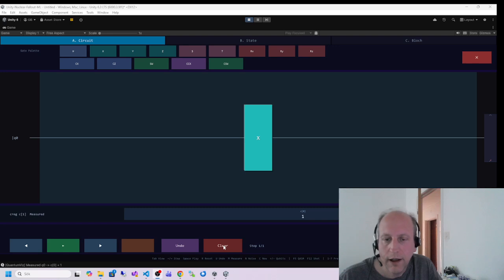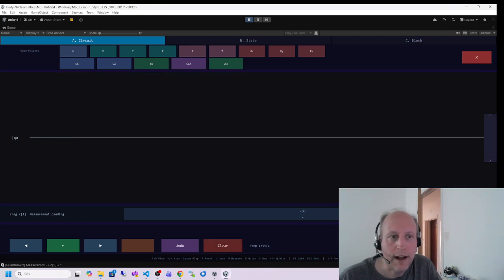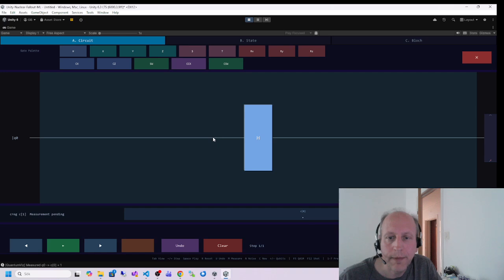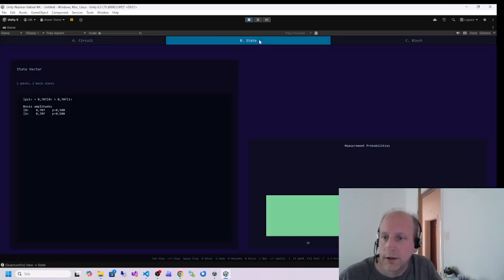Let's clear our circuit, and let's test a Hadamard gate. With a Hadamard, the probability that it's 1 or 0 is equal. If we look at the state, we will see in the probabilities diagram here that it's 50-50, 0 or 1.